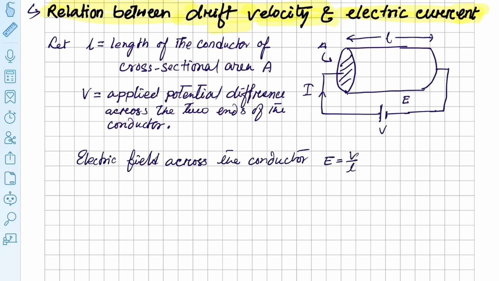Now you see, let us consider the number of free electrons per unit volume. Let n be the number of free electrons per unit volume, that is the number of electrons per unit volume.